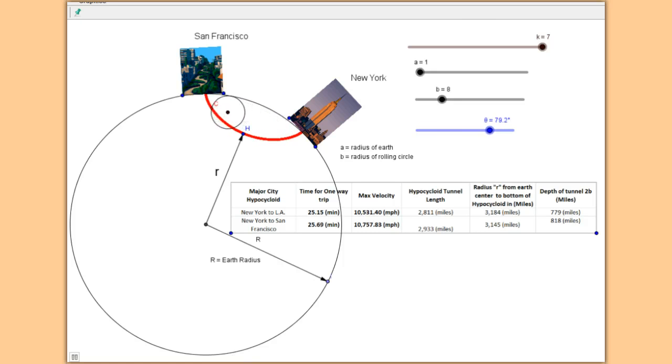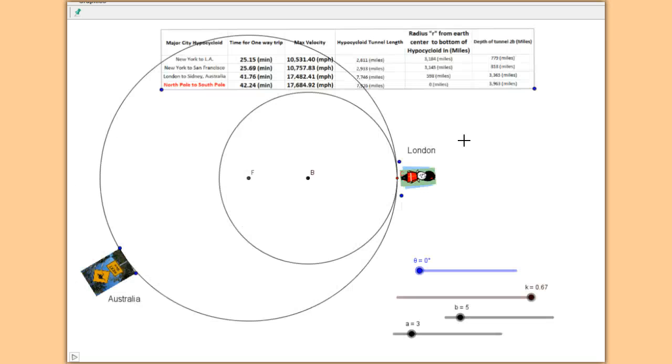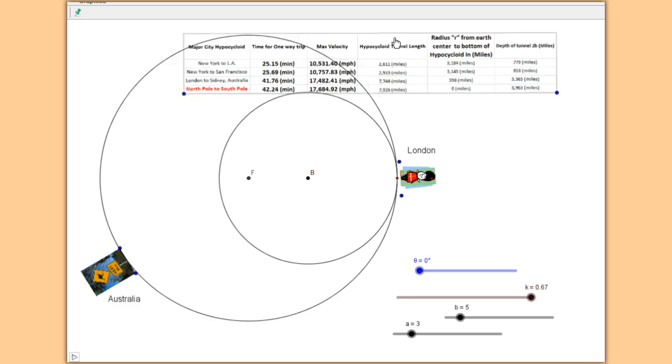hypocycloid, and that's the London to Australia trip. Okay, here's our London to Australia trip, and I've included the New York to LA and New York to San Francisco in this list up here, and London to Sydney, and also got the North Pole to South Pole, but don't worry about it, we haven't done that yet.